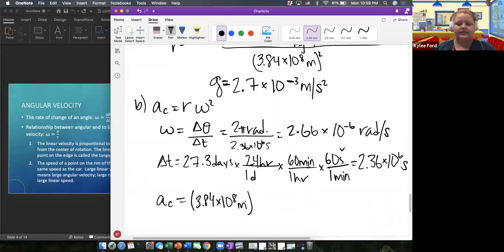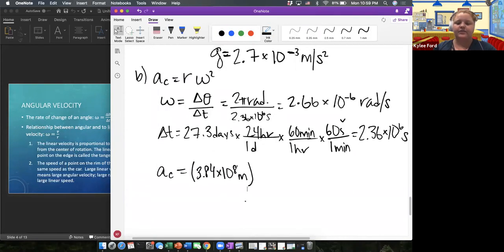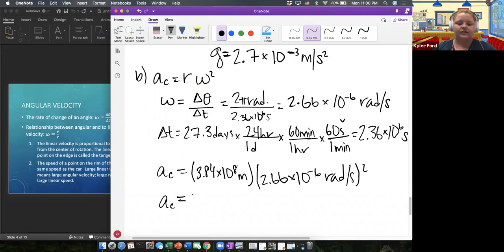Multiply that by my 2.66 times 10 to the negative 6 radians per second, squared. So I'll take this and square it, and then multiply it by 3.84 times 10 to the 8th. And I end up with my acceleration of 2.72 times 10 to the negative 3 meters per second squared.